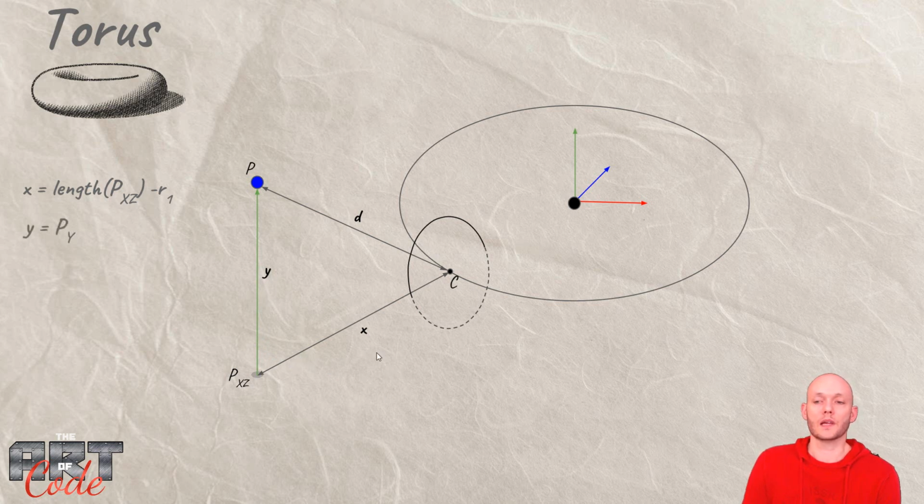So now that we have those two, we can make a vector out of those two. Like a vector 2, x and y, and if I take the length of that, that is this length d over here, and then I just need to subtract my second radius from that. So that is how you get the distance to a torus.